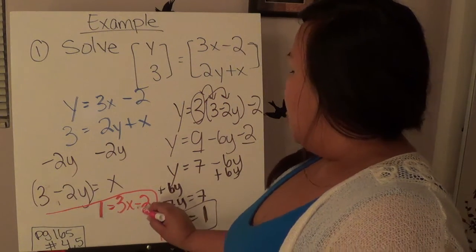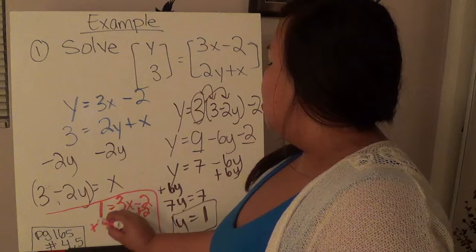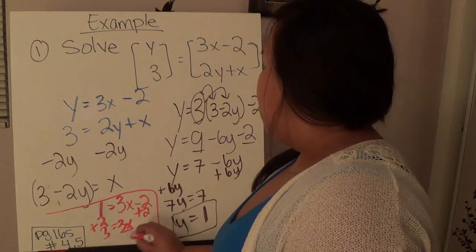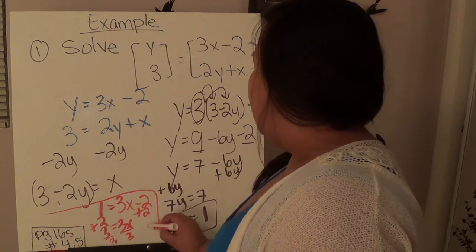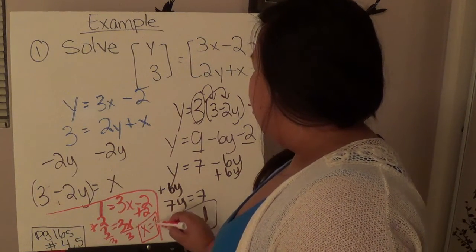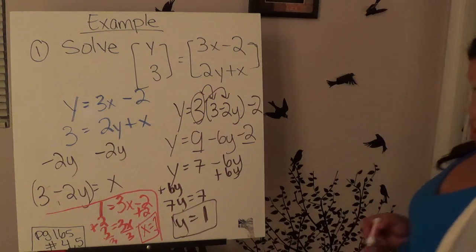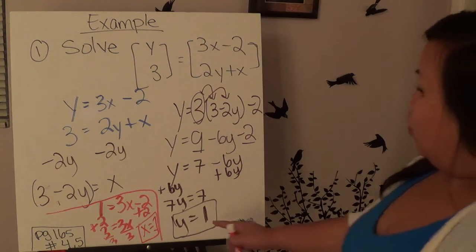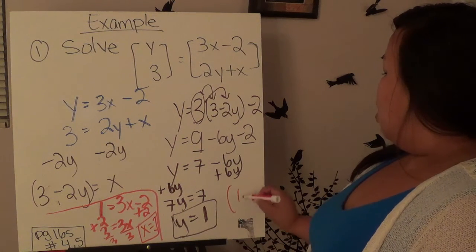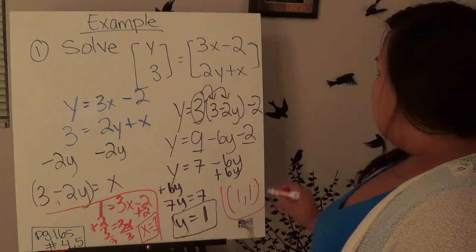I'm going to add 2 to both sides. I end up with 3 equals 3x. Divide both sides by 3, I end up with x equals 1. Alright? So my answer here is x equals 1, y equals 1, or (1, 1).